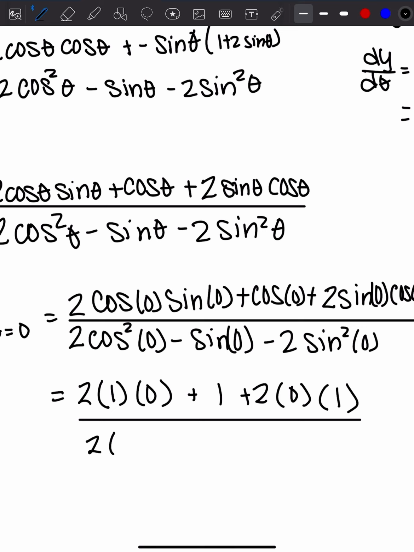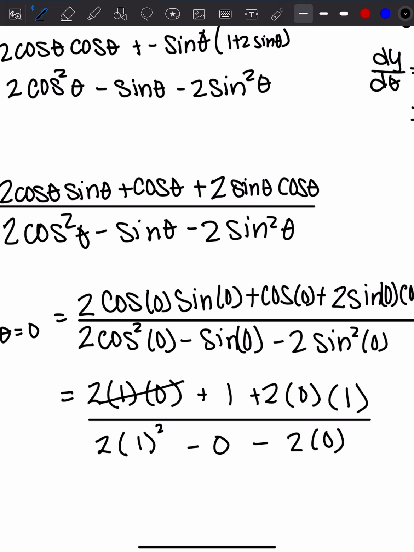So 2 times cosine of 0, 1, squared, still going to be 1, minus 0, minus 2 times 0. So this goes to 0, this goes to 0, this goes to 0. So we have 1 on the top, 1 squared is 1, 2 times 1 is 2, so we have an answer of 1/2.